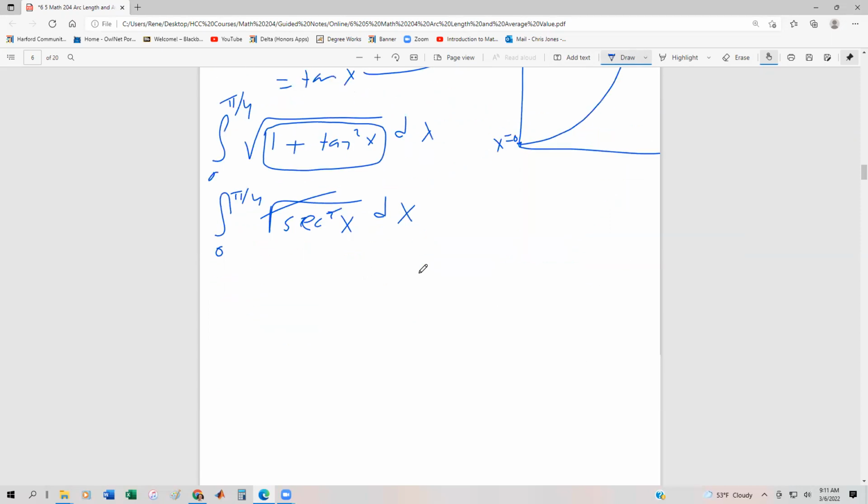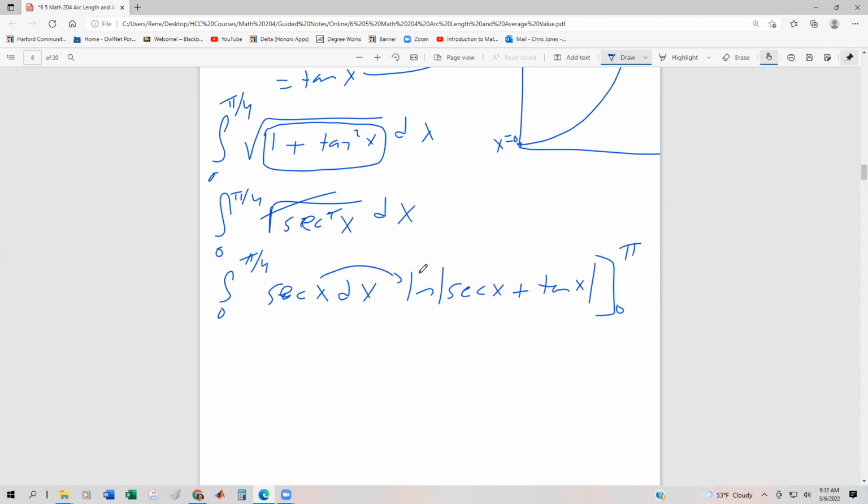So really what we get is the integral from 0 to pi fourths of sec x dx, and that's a basic one. We could just go to our card, and we know that the antiderivative is going to be the natural log of the absolute value of secant x plus tangent x, and that's going to go from 0 to pi fourths.